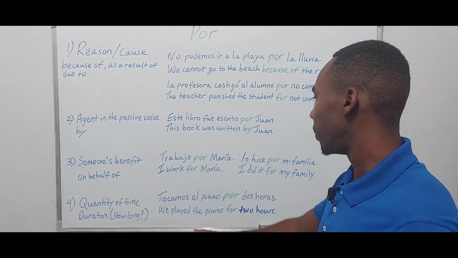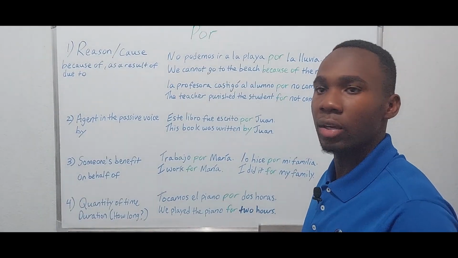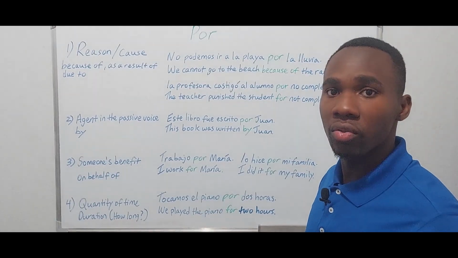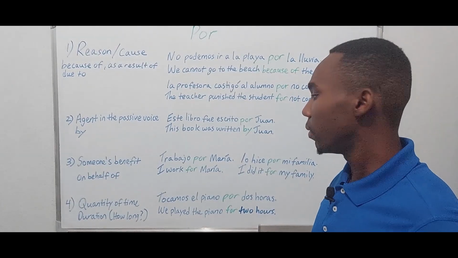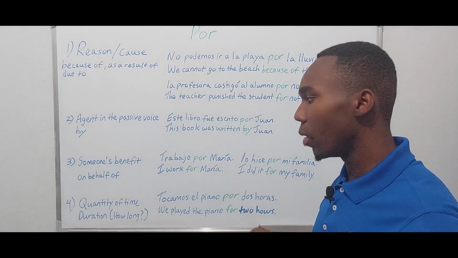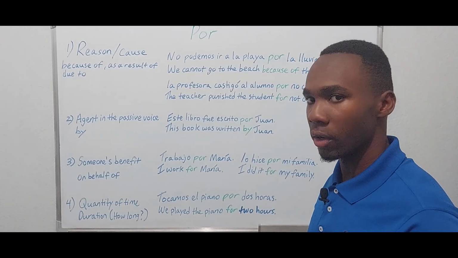Right? So we played the piano for 2 hours. I could take out 2 horas and I could say por 1 hora, por 30 minutos, what have you. But we use por when we want to express the amount of time that an activity is performed for, right?